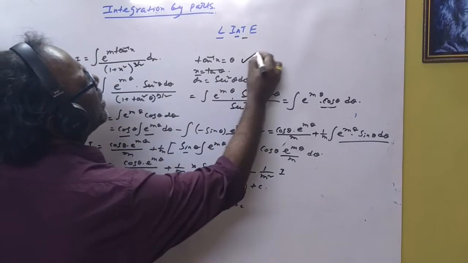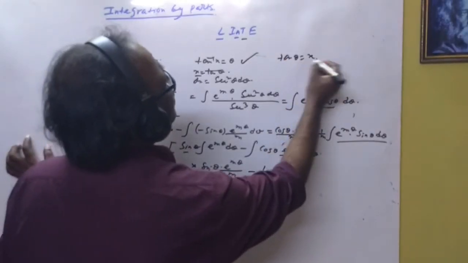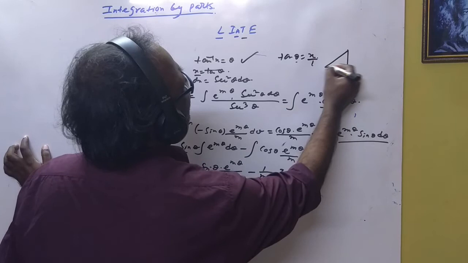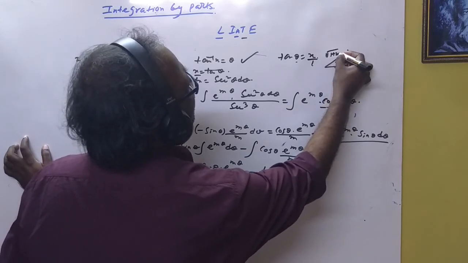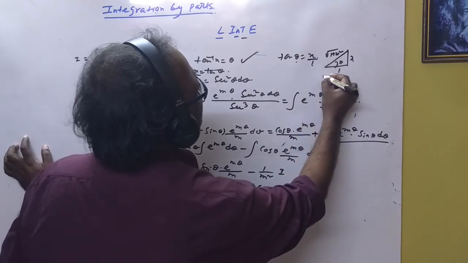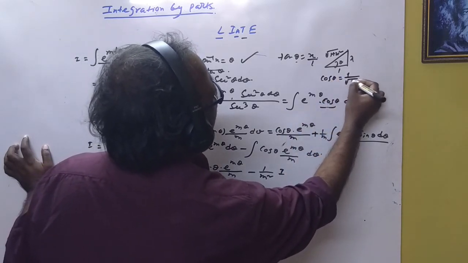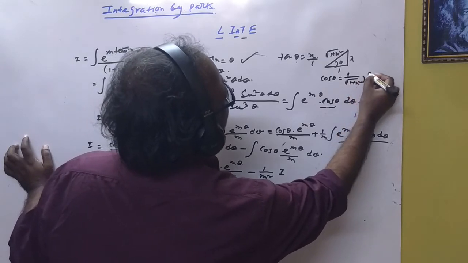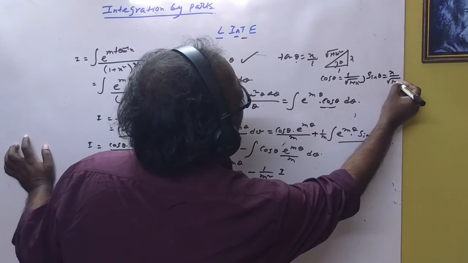So see, this is tan theta. Tan theta is equal to x. So this is sec square theta d theta equals dx, and this is equal to 1 plus x square. So you can easily write cos theta is equal to 1 by root over 1 plus x square, and sin theta is equal to x by root over 1 plus x square.